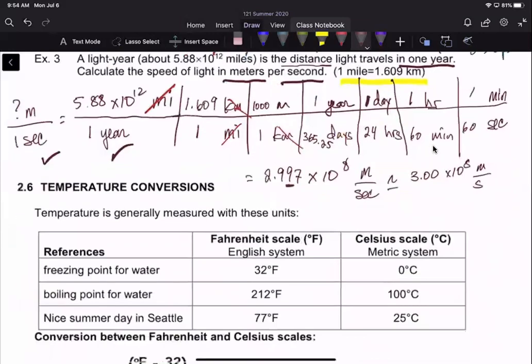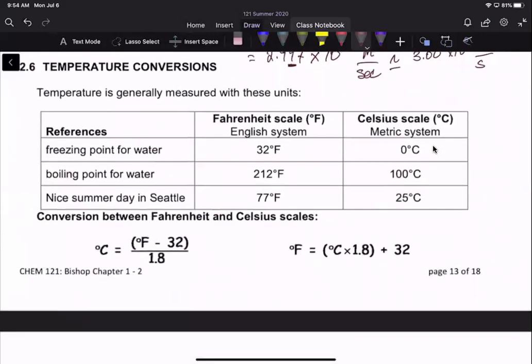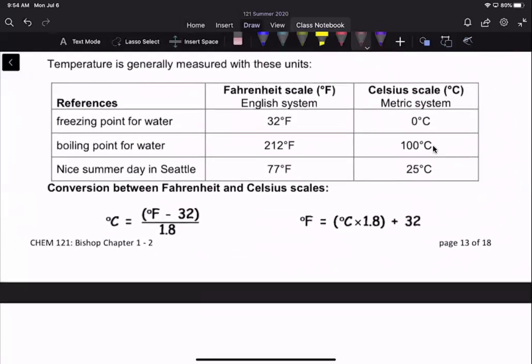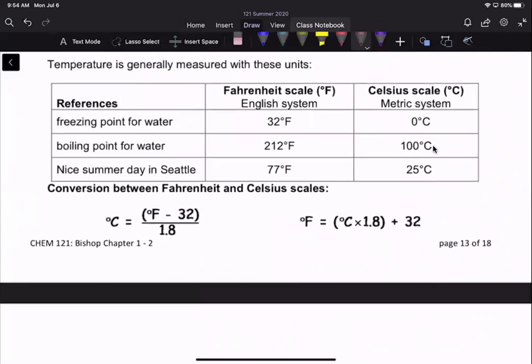Let's take a look at our temperature conversions. One reason I like to do this after we've talked about significant figures is because we have a mixed calculation. This 1.8 is an exact conversion. We've defined the size of the degrees in that energy scale and the shift as well.